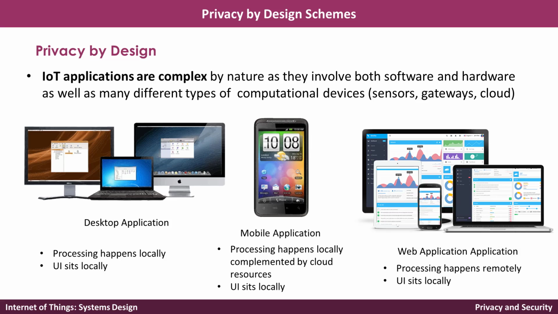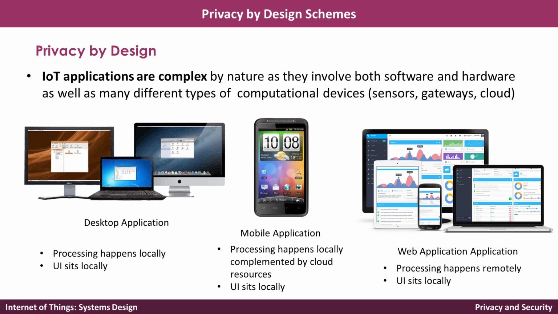So in these figures, I have put the desktop applications, mobile and web applications. The differences are that in the desktop applications, the user interface and the processing both happen within the desktop machine.